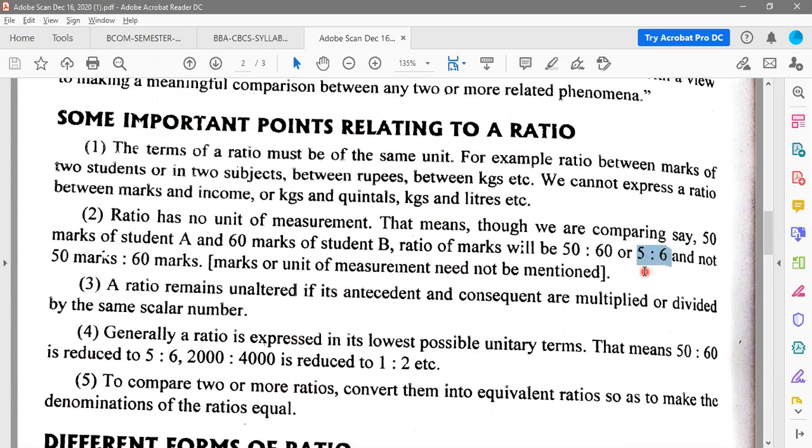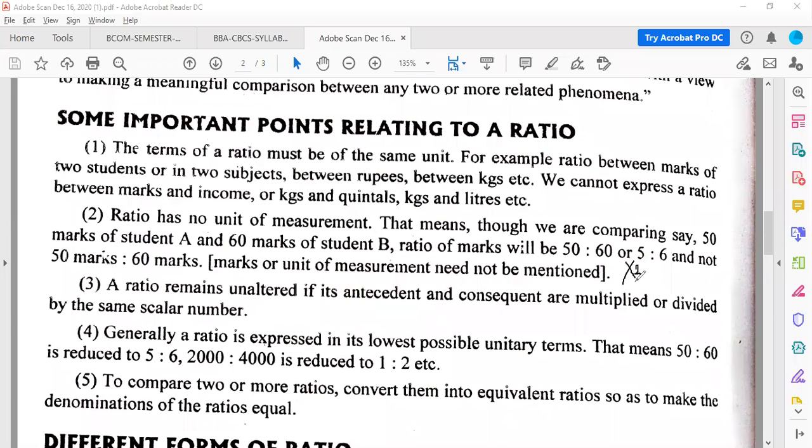Let's say I am multiplying by 3 and 3. So 5 threes are 15, and 6 threes are 18. So I will have 15 is to 18.